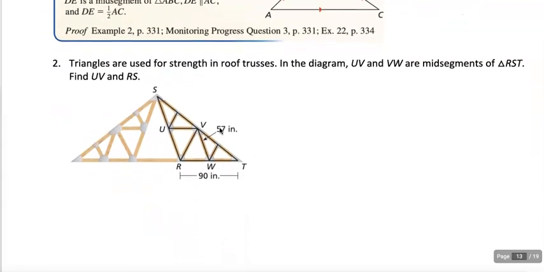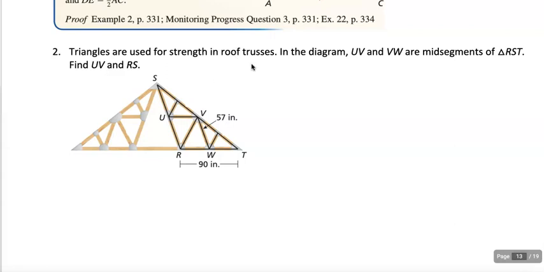Alright, so here we go. Triangles are used to strengthen roof trusses. In the diagram, UV and VW are mid-segments of triangle RST. So UV and VW are mid-segments.